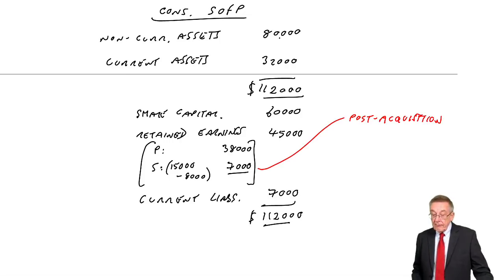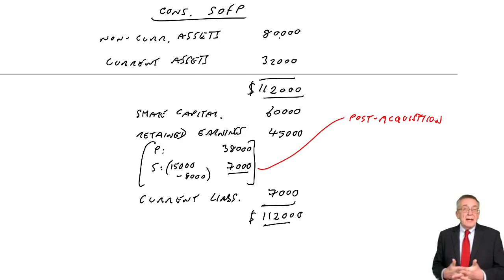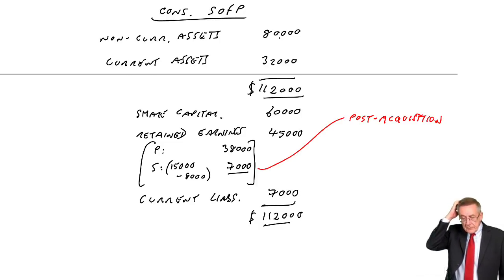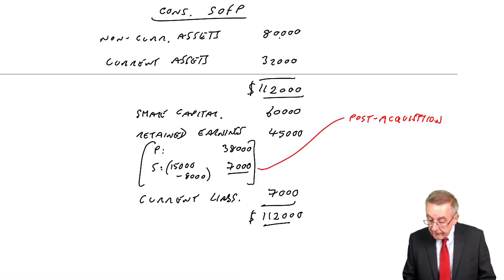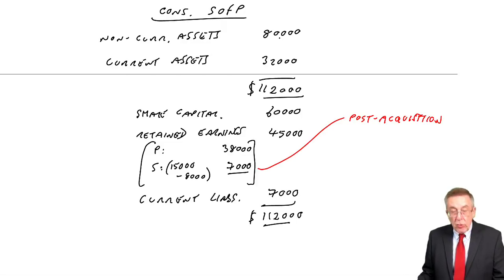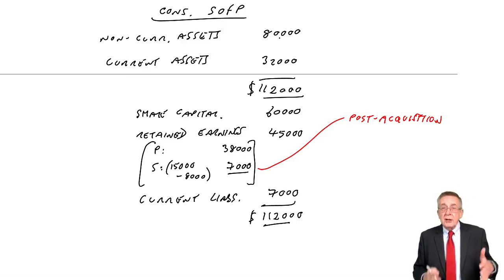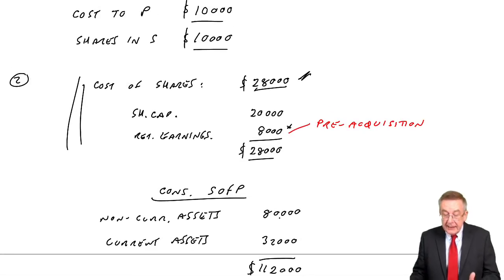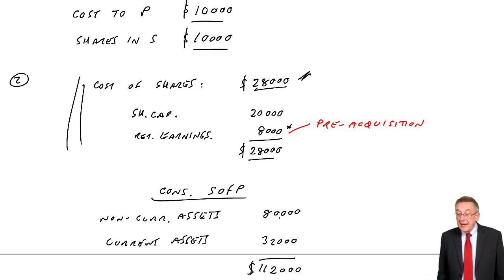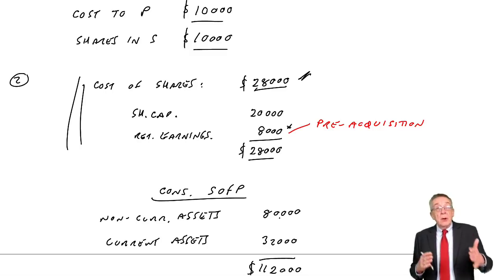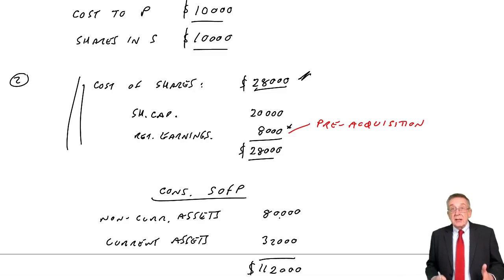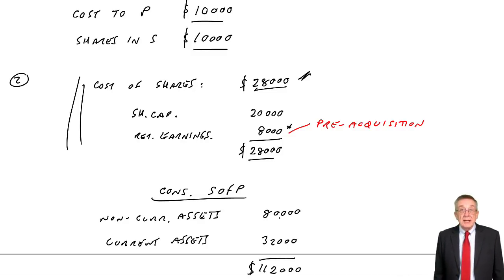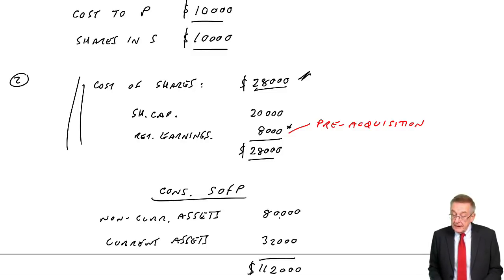And there we are. So there's the first, what you might call little problem. They were already incorporated, they'd already had earnings in the subsidiary. And see what I've done. The amount we paid for the shares, or P paid, they were paying for the share capital and the pre-acquisition retained earnings, the amount that had already been earned at the date of purchase.